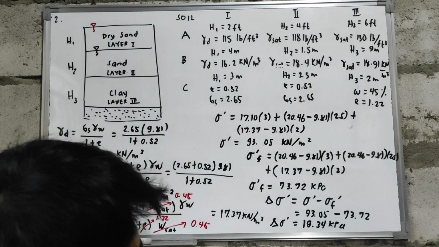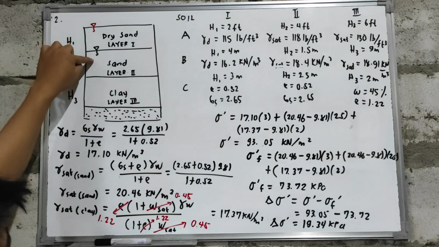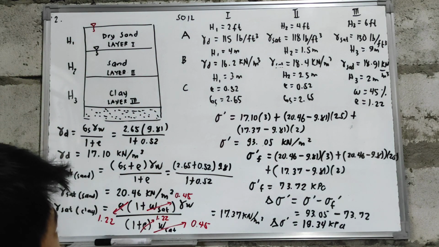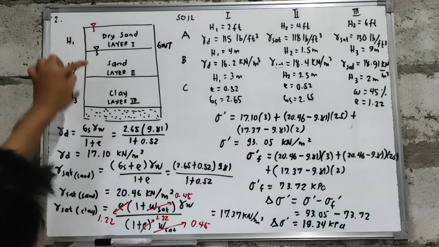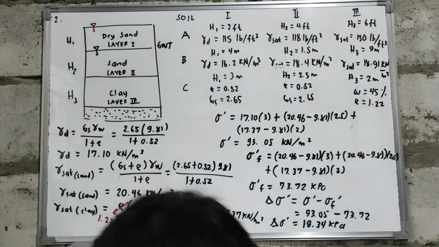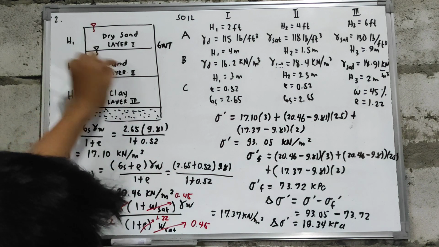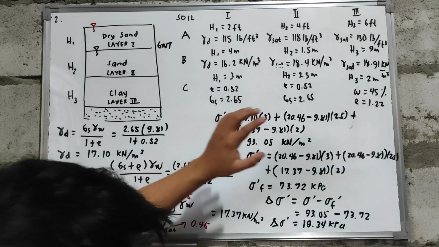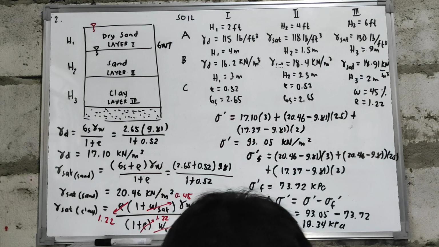So sabi ko nga, diba, habang bumababa yung groundwater table natin, o yung GWT natin, groundwater table, tumataas yung value ng stress, effective stress natin. So for this, from 93.05, gagawin natin siyang 100 kilopascal.